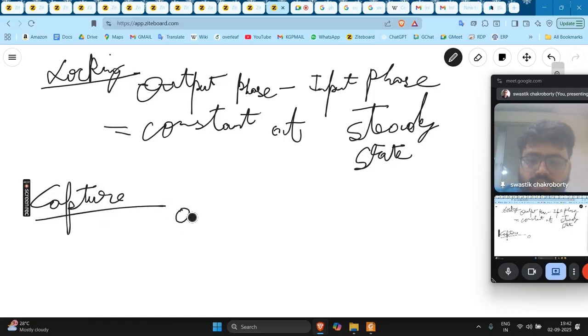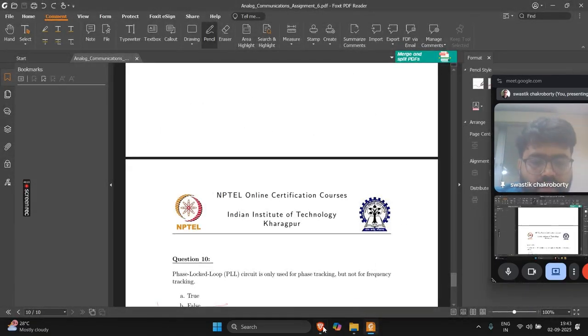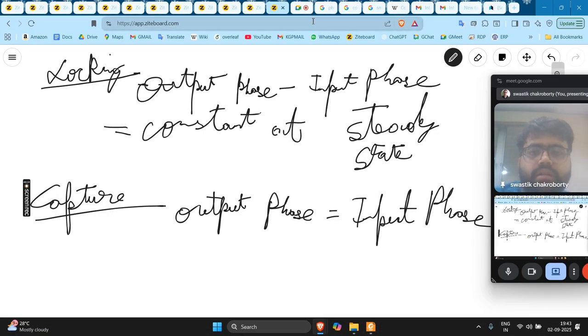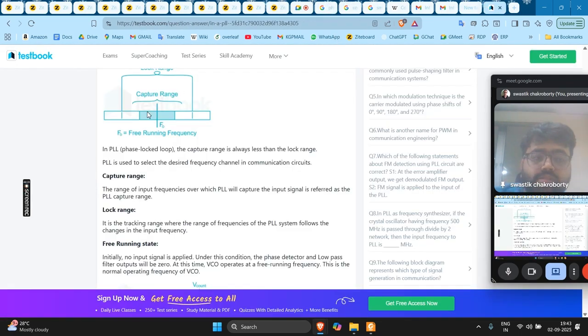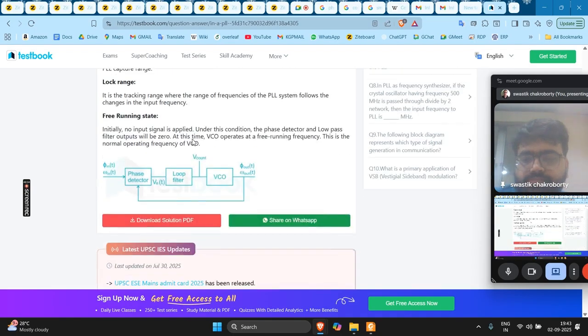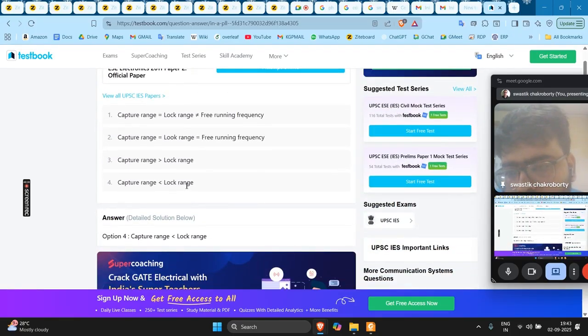In this, output phase is exactly equal to the input phase. So it is not just locking into the signal, it is capturing the signal completely. So that is the capture range. So the capture range is smaller than the locking range. So capture range is less than locking range. This is the correct answer.